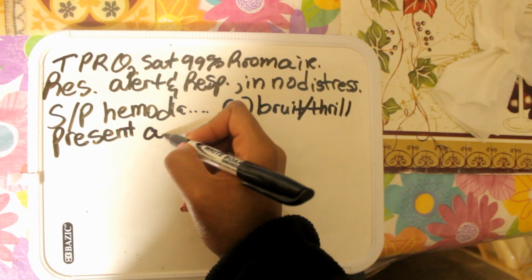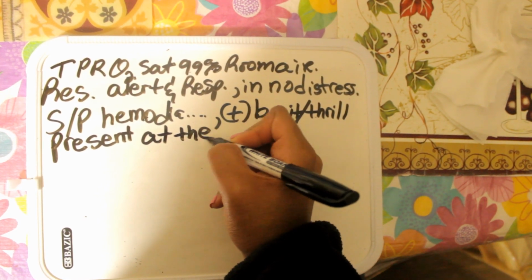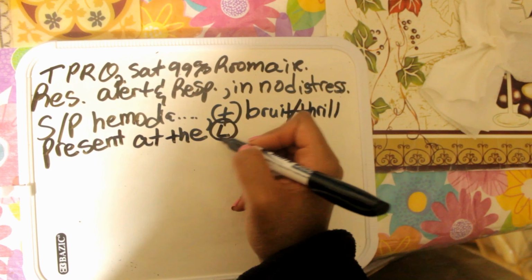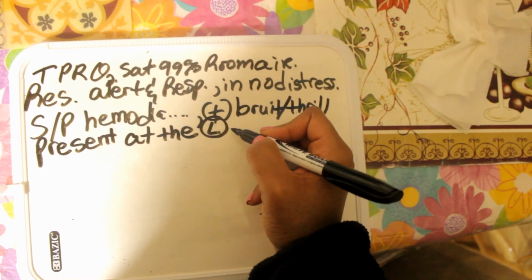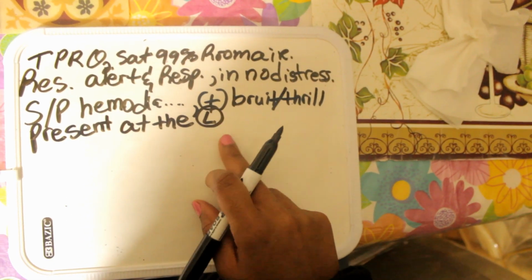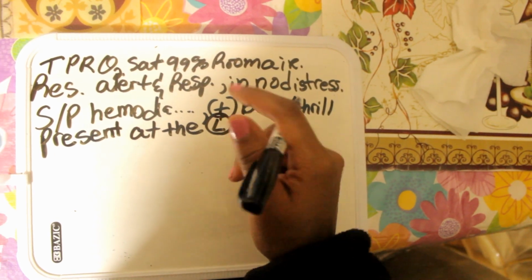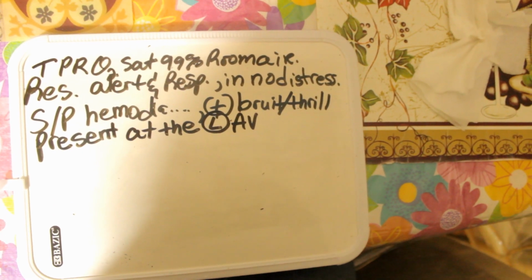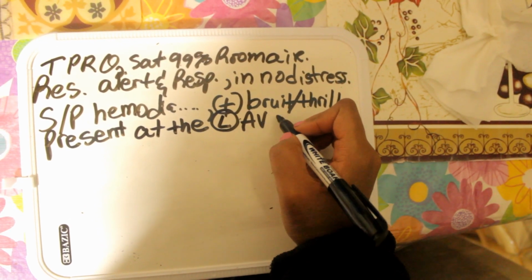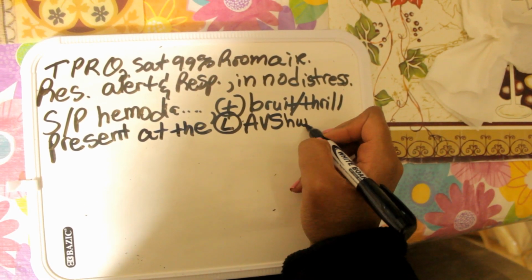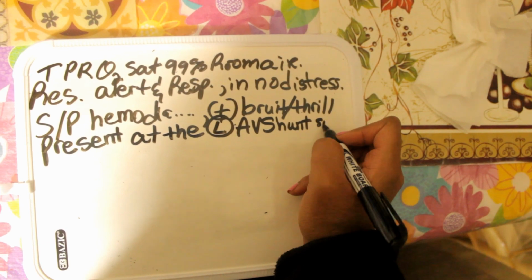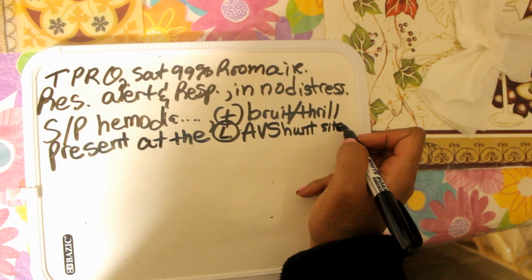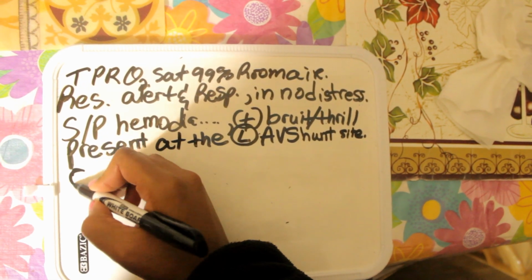At the left, you can write out left. Abbreviations are not really favored in nursing anymore. AV shunt site at the left, clean and intact.